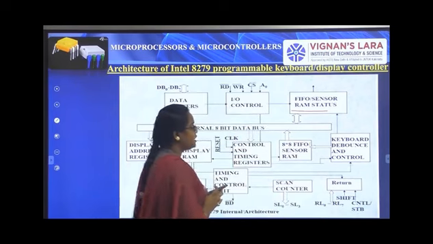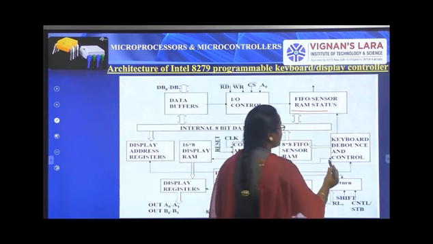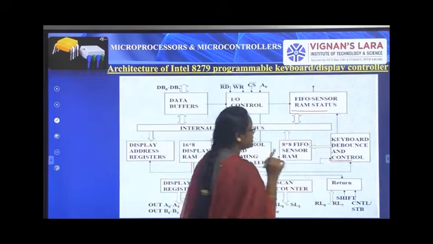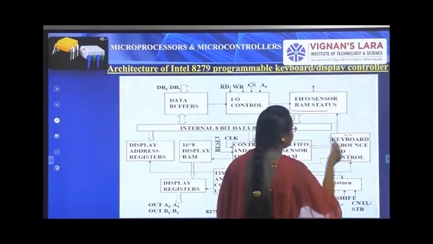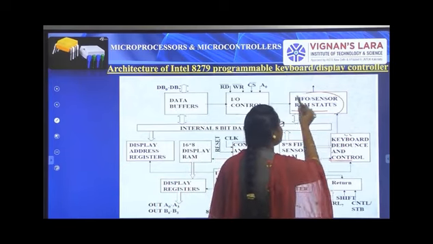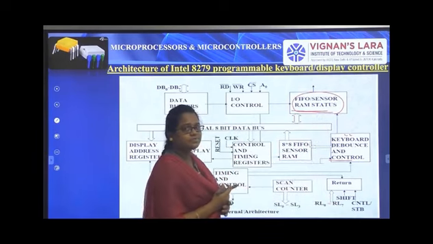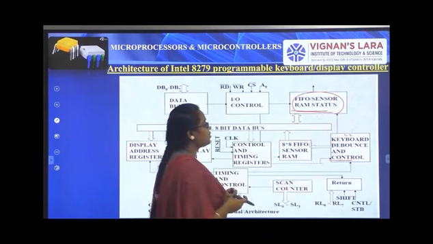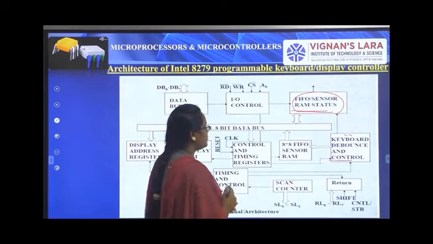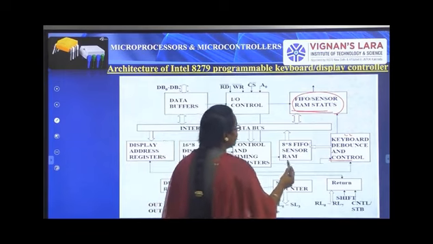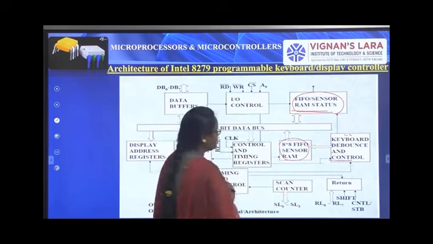Whenever the keyboard debounce and control handles the key we press, like 1, 2, whatever it may be, that will be stored in the FIFO. FIFO means first in, first out: whatever we press first will go out first. That is the FIFO sensor RAM.